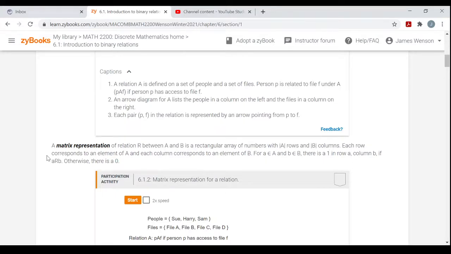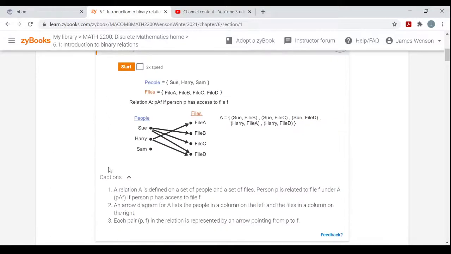Each row corresponds to an element of A. Each column corresponds to an element of set B. Now for an element little a of A and an element little b of set B, there is a 1 in row a, column b, if a is related to b, if a, comma, b is in the relation. And if it's not in the relation, they put a 0 to indicate that they're not related.